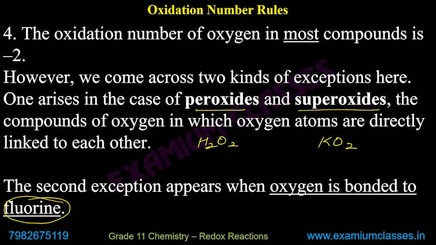Normally, in a normal oxide, potassium has +1 and oxygen has -2, so it should be K2O. That is a normal oxide. But KO2 actually has a greater number of oxygens as compared to normal oxide, so it is called superoxide.